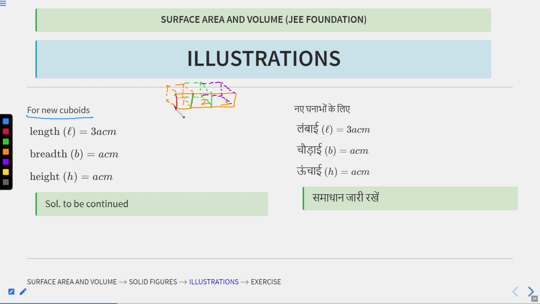This is my single cube, and together they make a single cuboid. Now we know this is a, this is a, this is also a.